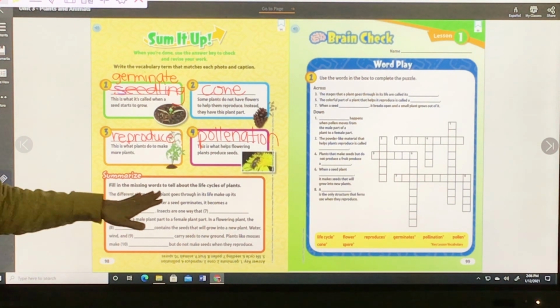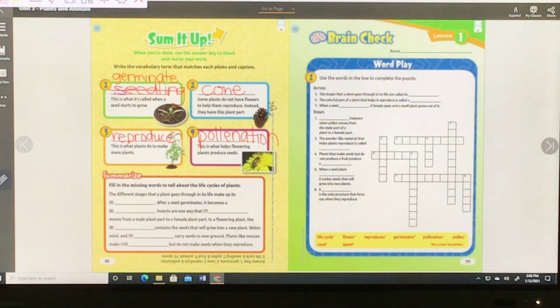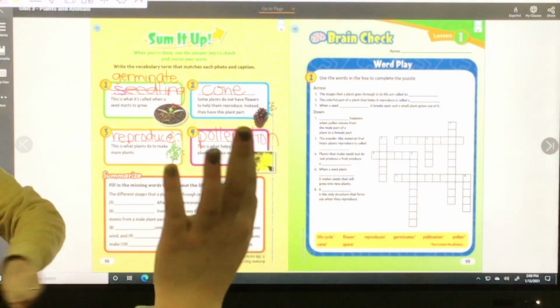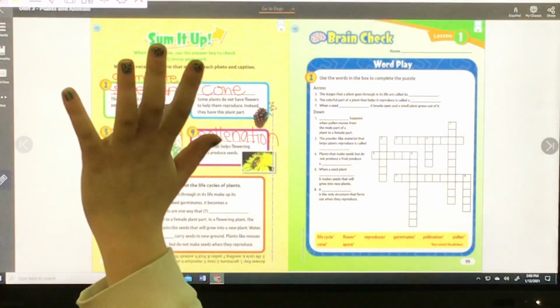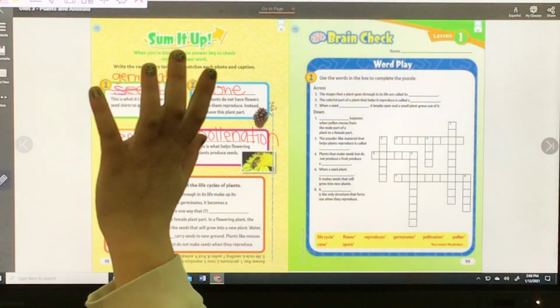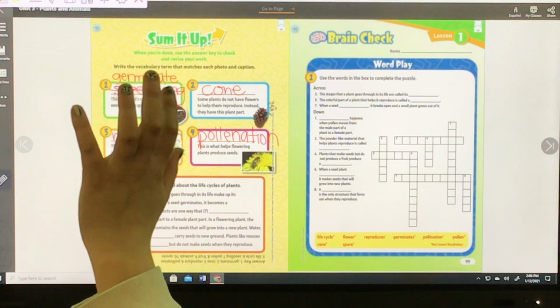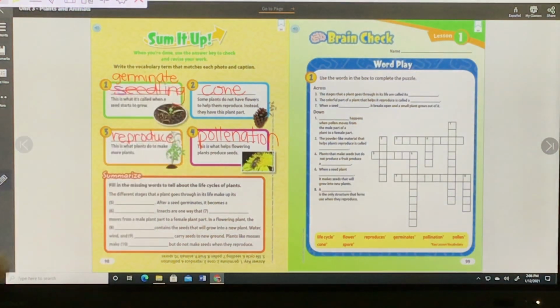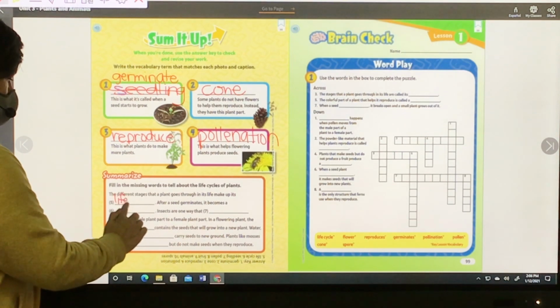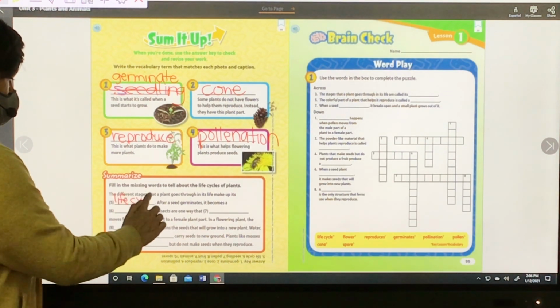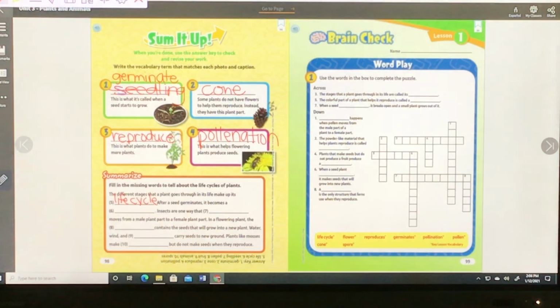So the different stages that a plant goes through in its life make up its, what's that thing called when it keeps repeating, keeps going over and over and over again? Lucas? Life cycle. Yes, life cycle. It's hard for me to write small. 5. Life cycle.